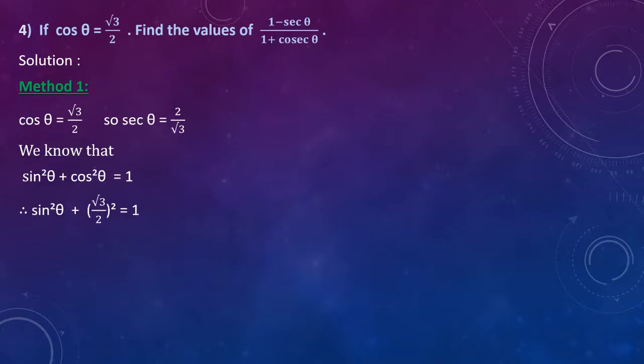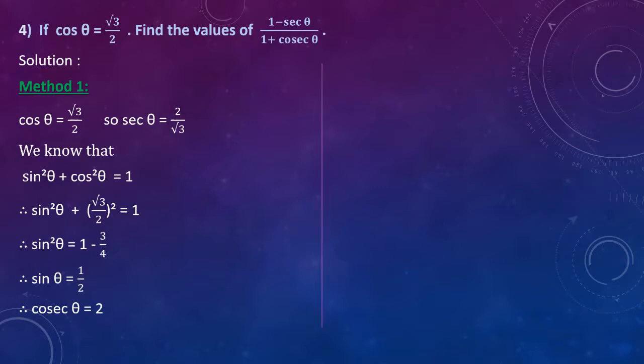So therefore substituting the value of cos theta here, we get sin square theta plus root 3 upon 2 the whole square is equal to 1. So therefore sin square theta is equal to 1 minus root 3 square is 3 and 2 square is 4. So therefore sin theta is equal to, by taking LCM and subtracting the numerator, we get 1 upon 2. Now cosec theta is multiplicative inverse of sin theta. So therefore the value of cosec theta will be 2.